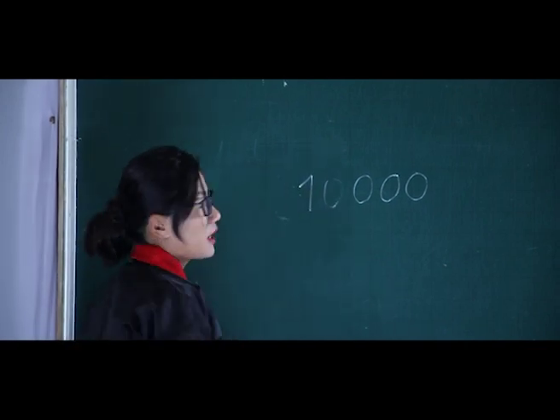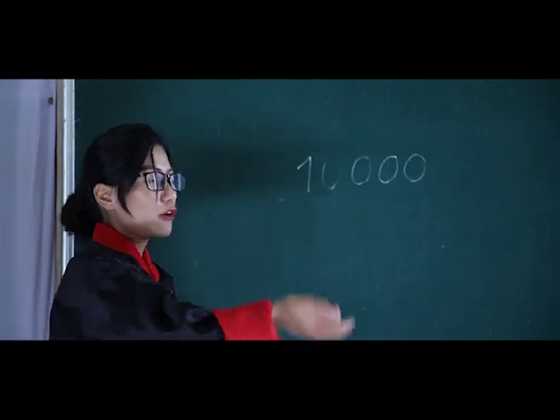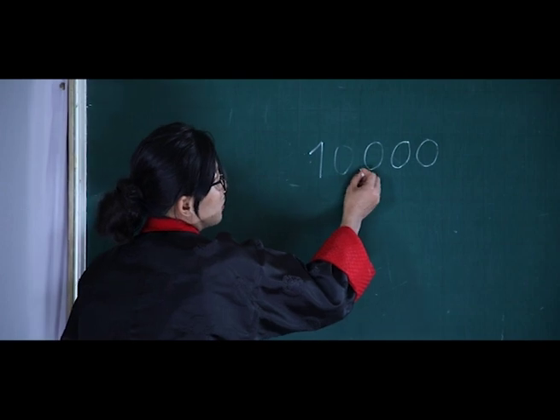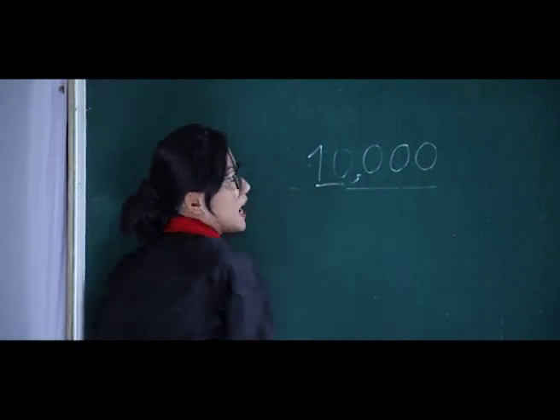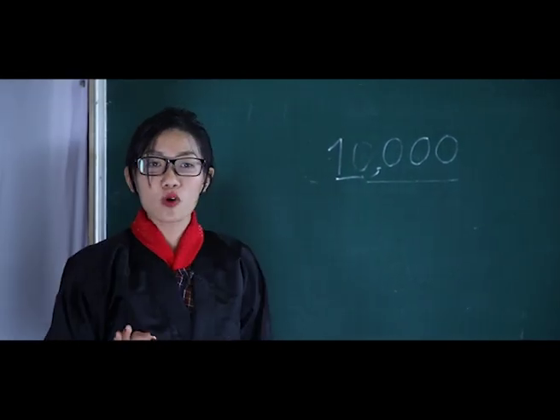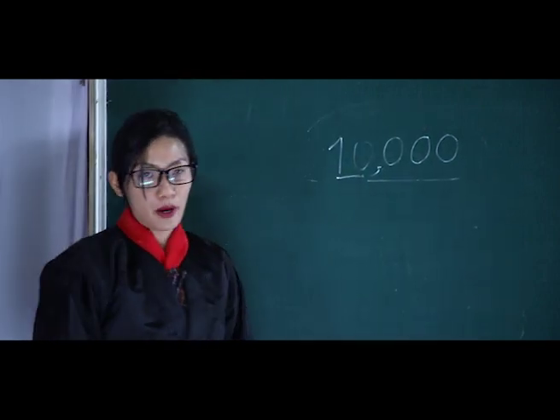Now comes the 1. As I said earlier, a comma separates hundreds from thousands digit. Ones, tens, hundred. Put a comma there. You have 10,000s. How many zeros does a 10,000 have? It has 4 zeros. 10,000 is a 5-digit number.